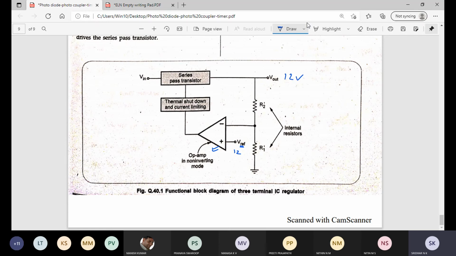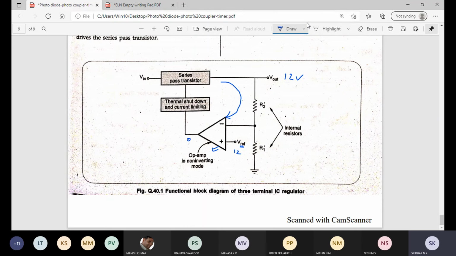Depending on the feedback coming from this, it will find out whether this feedback is equal to this 12 volts.